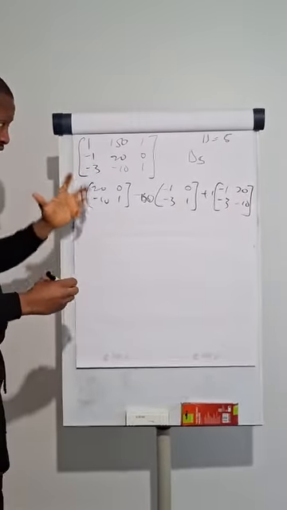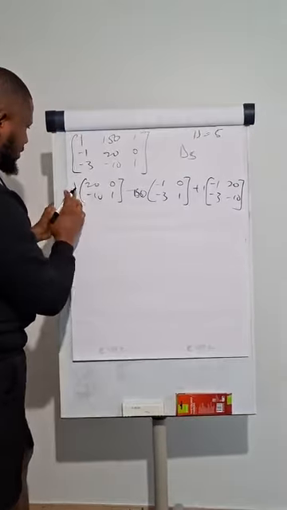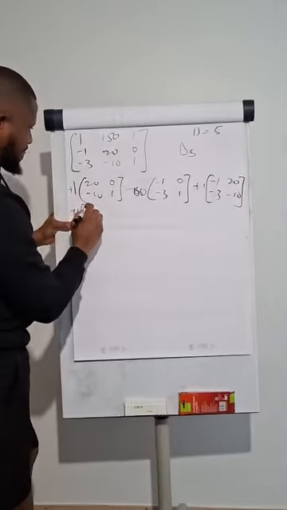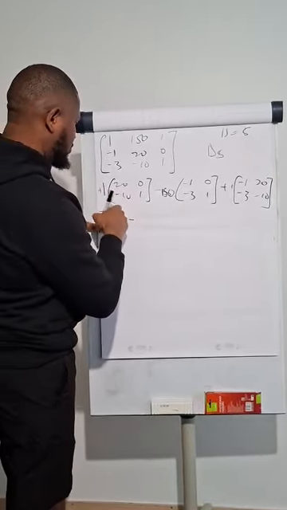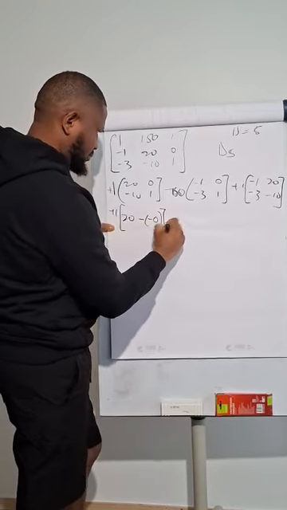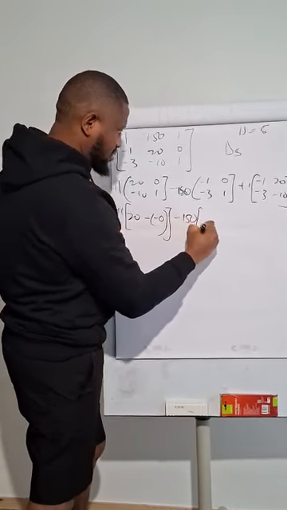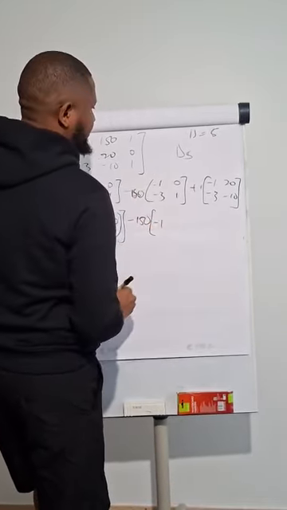Remember, in solving equations, in dealing with algebra, we don't neglect signs. Very important. So we have plus 1 here. 1 multiplied by 20 is 20. Minus 10 multiplied by 0 is minus 0. Minus 150. 1 multiplied by minus 1 is minus 1.